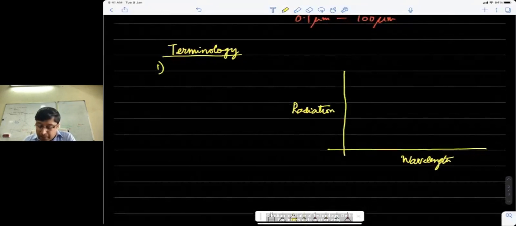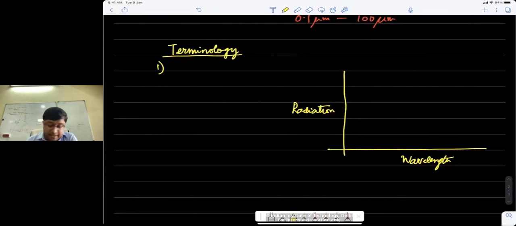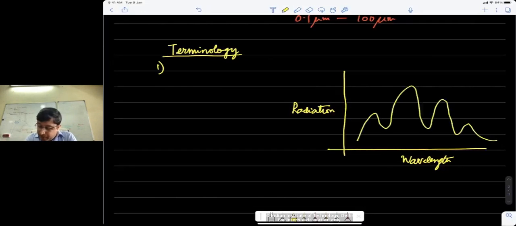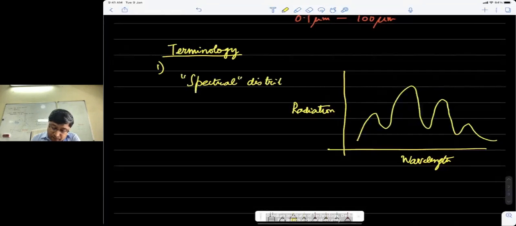So let's say we have some quantifiable measure of radiation on the y-axis, wavelength on the x-axis, and the radiation depends on the wavelength in some form. When the magnitude of radiation varies with wavelength, we call this a spectral distribution. So spectral is the key word here. Spectral implies that you have radiation which is a function of wavelength.